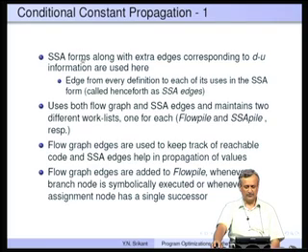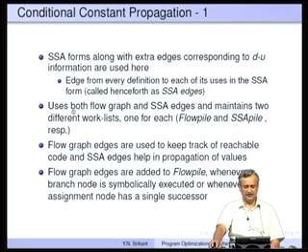So, SSA forms along with extra edges corresponding to the DU, definition-use information, are used here. So, an edge from every definition to each of its uses in the static single assignment form, henceforth called SSA edges, is used here.